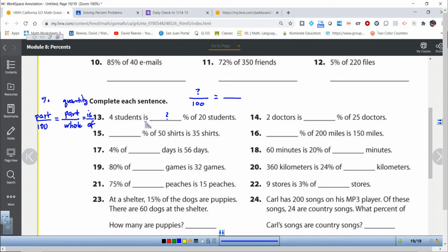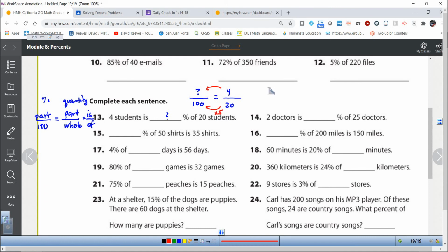It's 4. See, this is 4 is. That tells me that the 4 is the part and the 20 is the whole. Makes sense, right? You're not going to have 20 students as part of 4 students. 4 students are part of 20 students, okay? So we read it. We set up our ratios. Now we want to find that equivalence factor. We want to make them equivalent. Well, thankfully, 20 does go into 100 5 times.